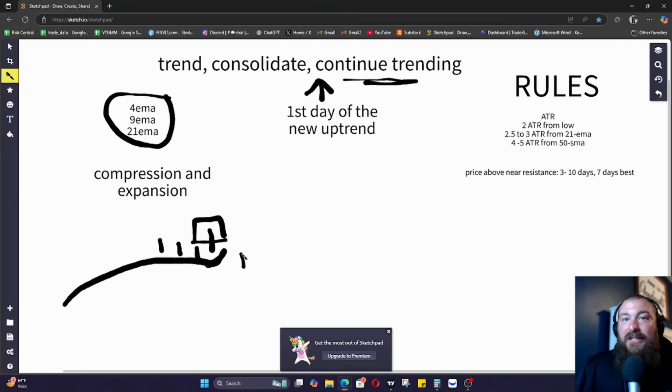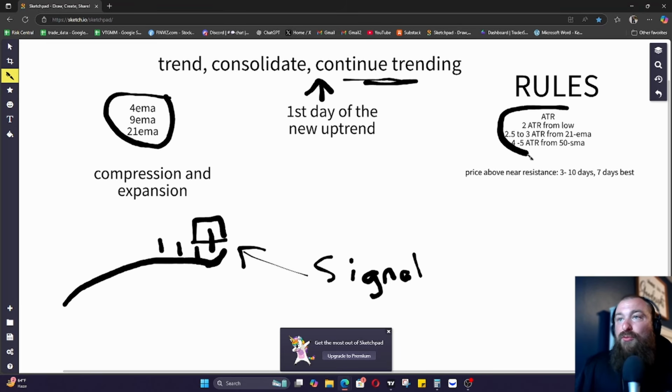That uptick is what's going to give us the signal to buy. As long as these ATR rules are still valid, then the entry is still valid.